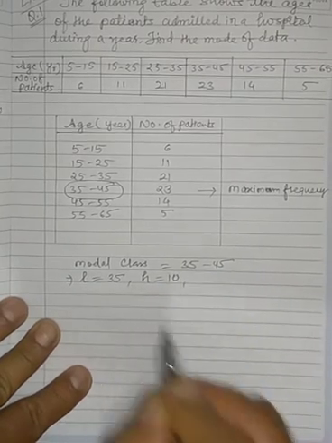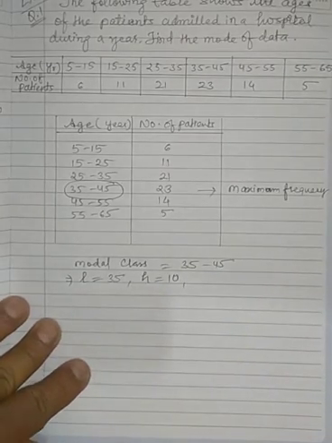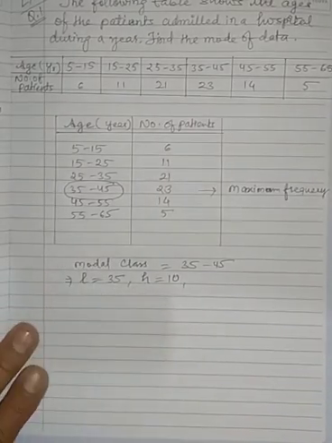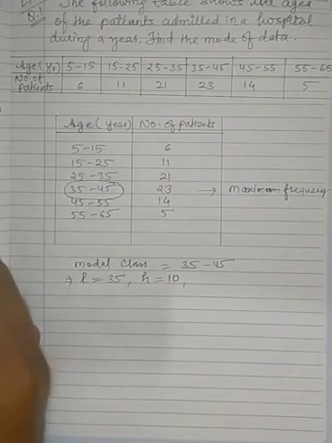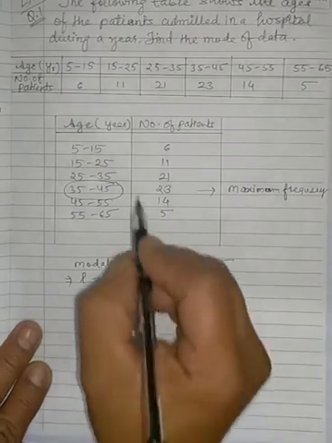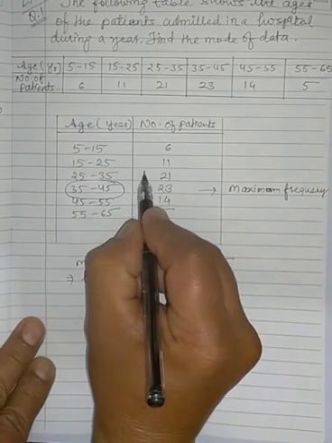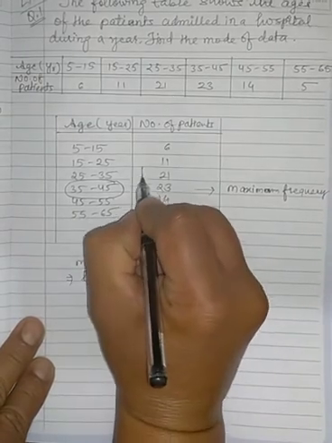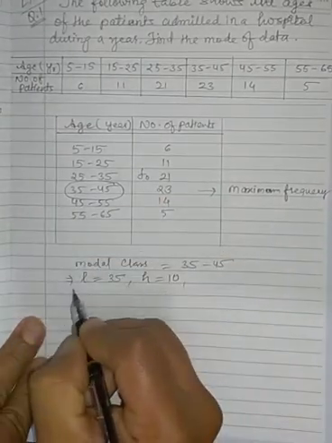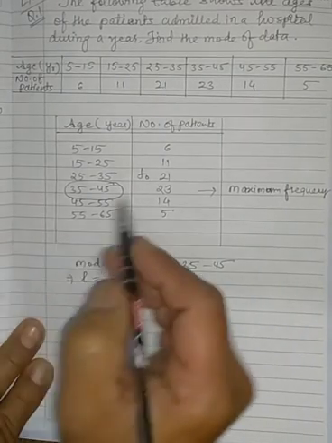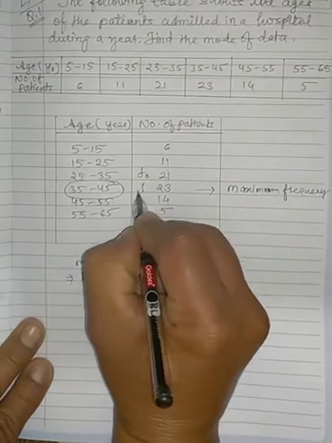Now, the order of frequencies. Here, as I told you, F0 is the frequency preceding the modal class. So if this is the modal class, the frequency preceding will be up, it is F0. F1 is the frequency of modal class.